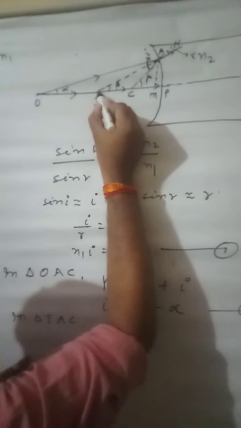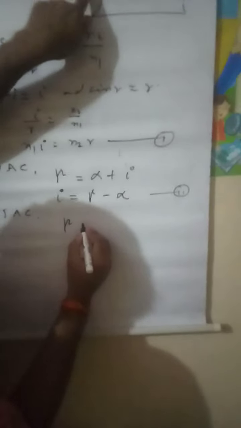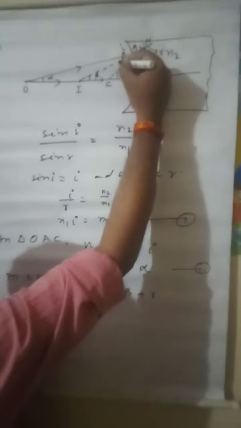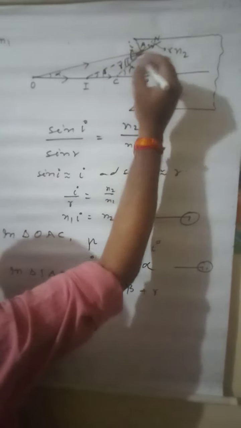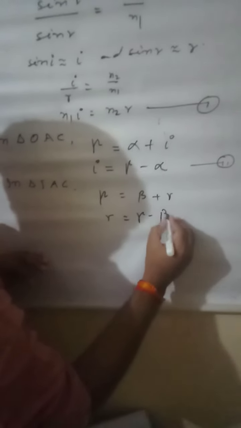In this, gamma equals beta plus r. r is the angle of refraction, being the opposite angle. Now r equals gamma minus beta. This is equation 3.